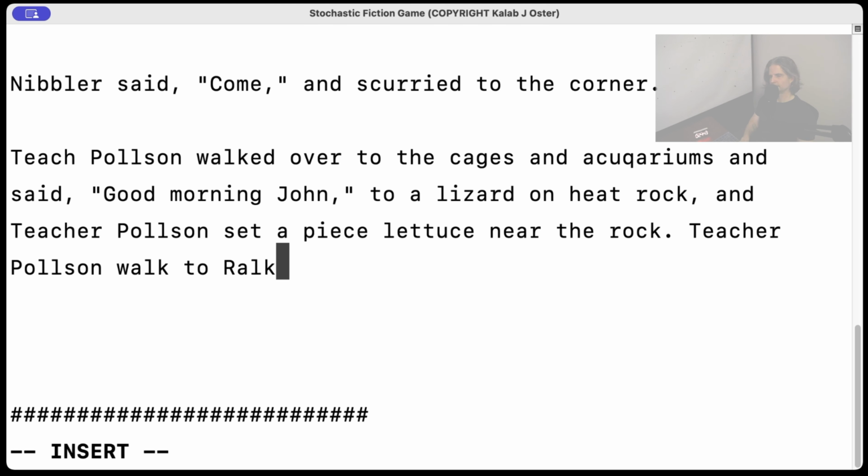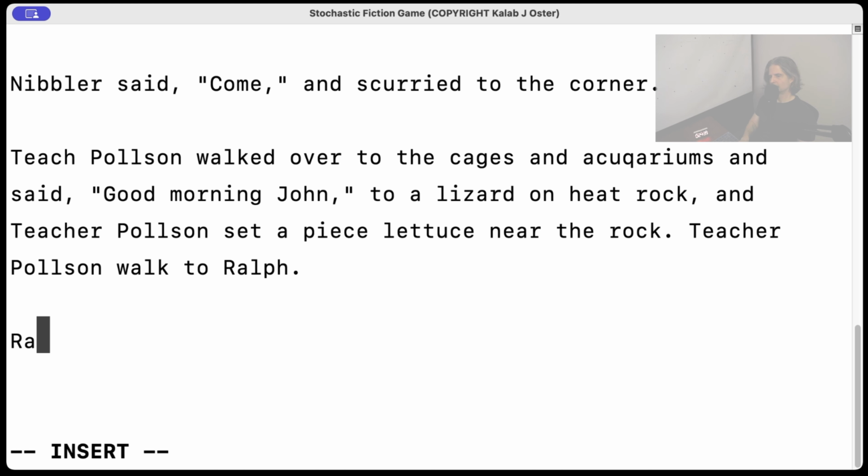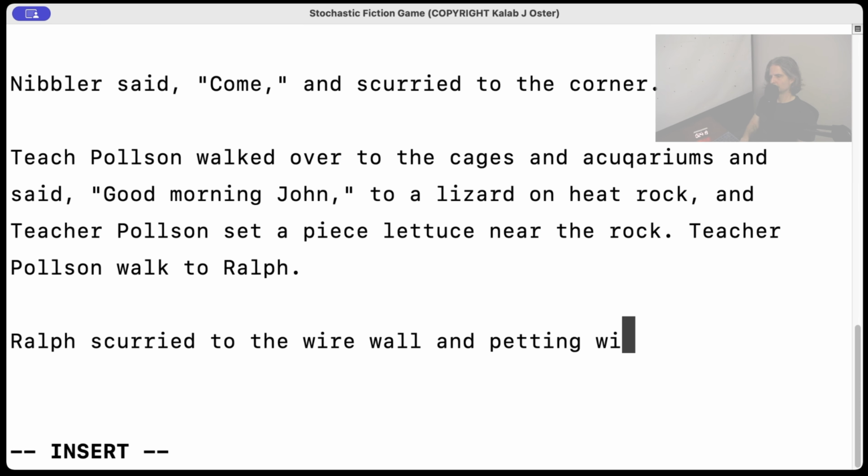Walked to Ralph. Ralph scurried to the glass, to the wire wall. And petted the wall.